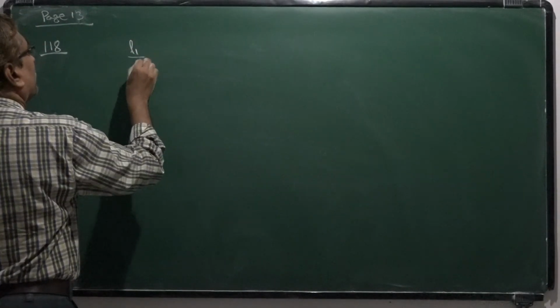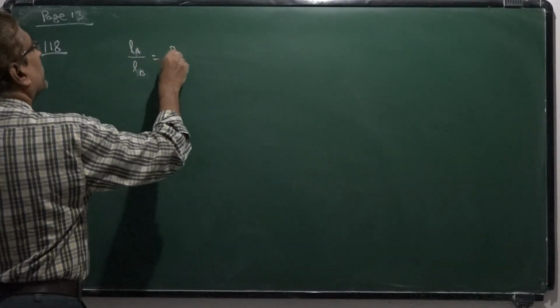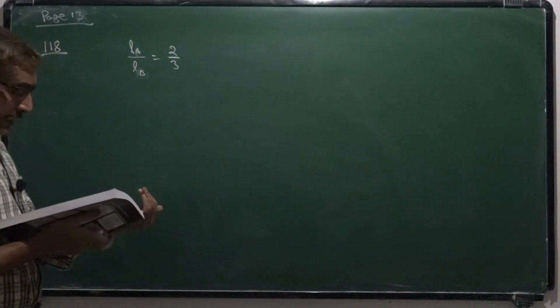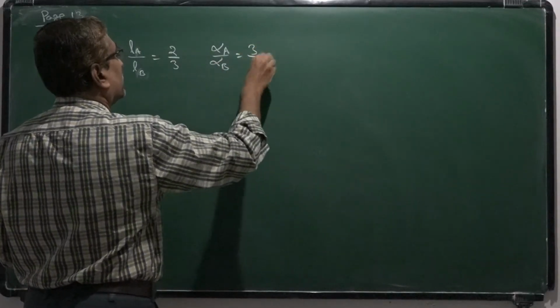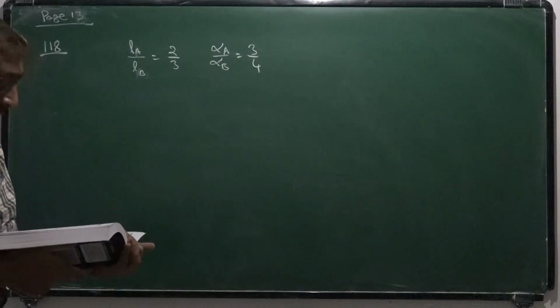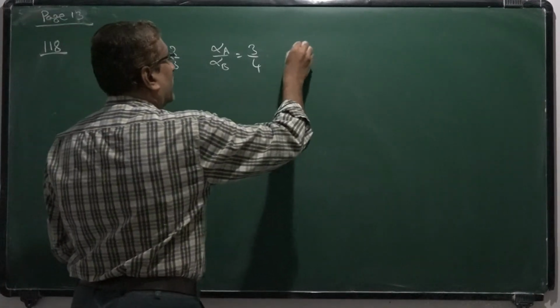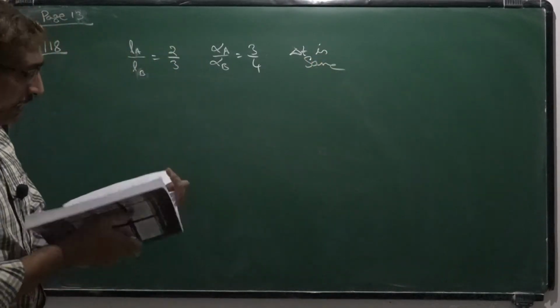Okay, given their initial lengths LA by LB as 2/3 and the coefficients of linear expansion in the ratio 3:4, that means alpha A by alpha B is 3/4. This is given. Now you have to calculate when they are heated through the same temperature difference. So delta T is same. Then the ratio of the linear expansions.